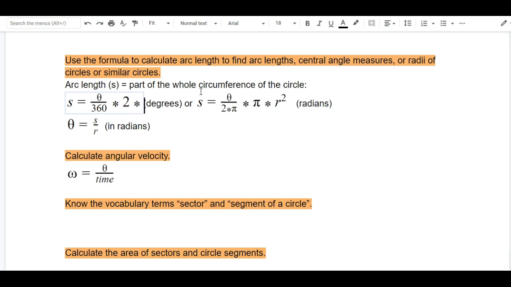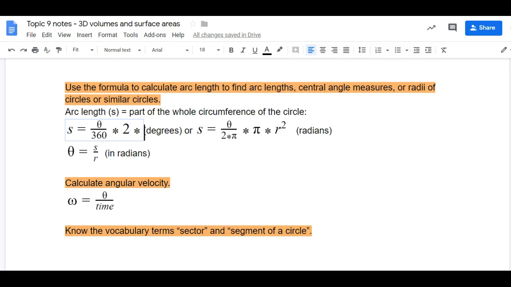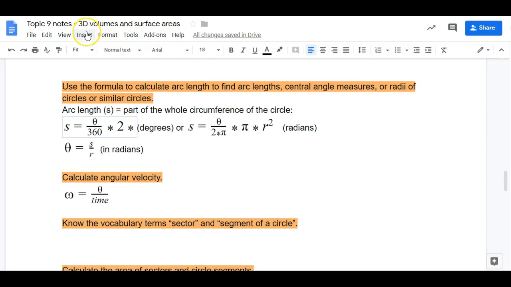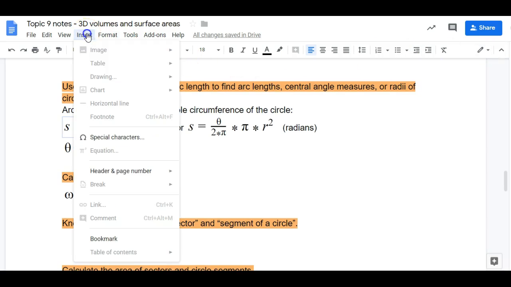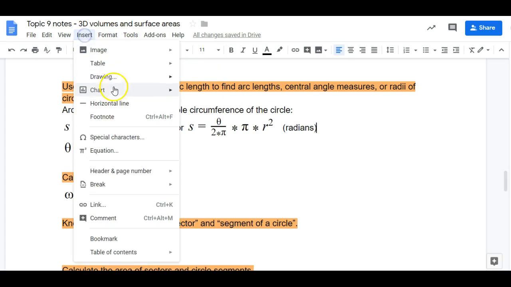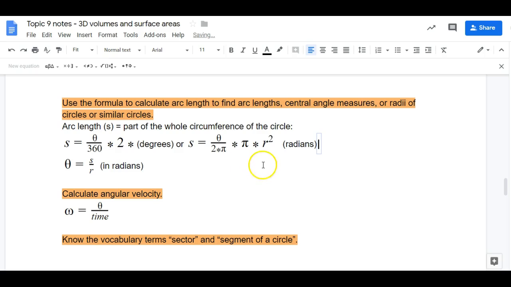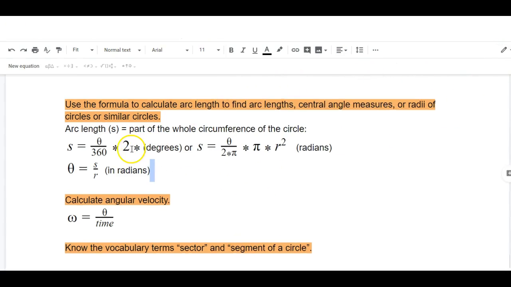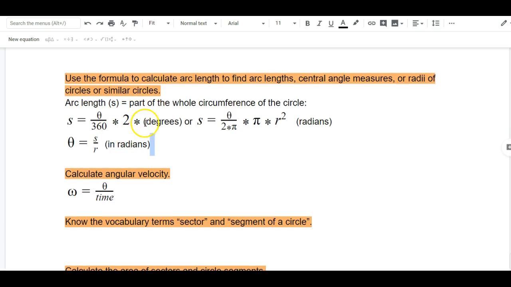So I've got to insert an equation here, or rather edit the equation. Let me get my equation tool, insert an equation, and that will bring up my equation tools. Okay, sorry about that. I should be able to edit inside of here now.